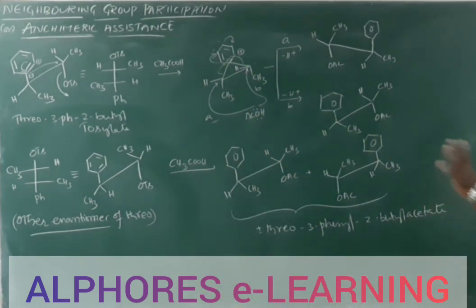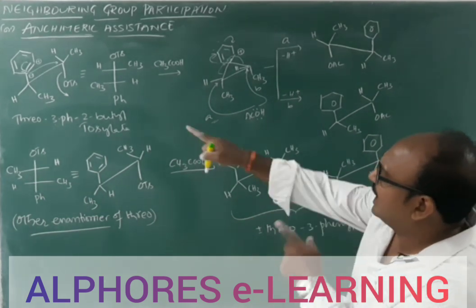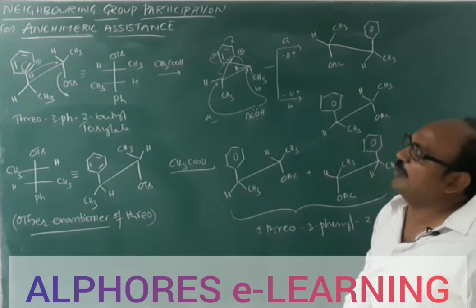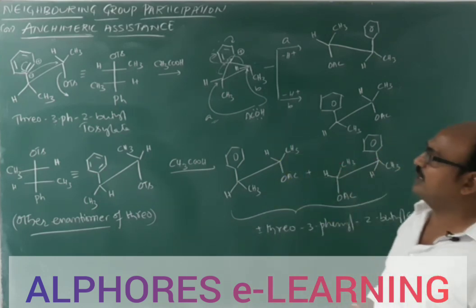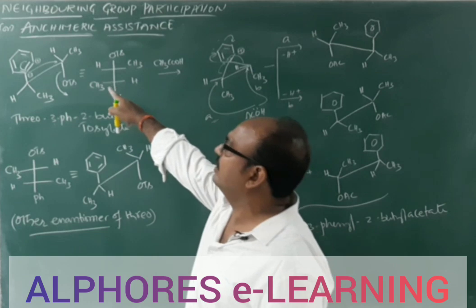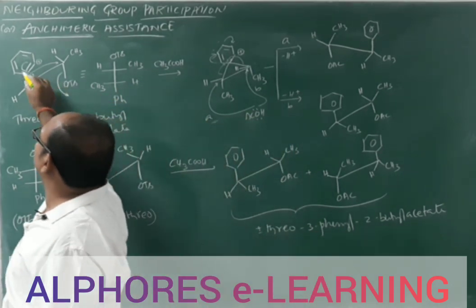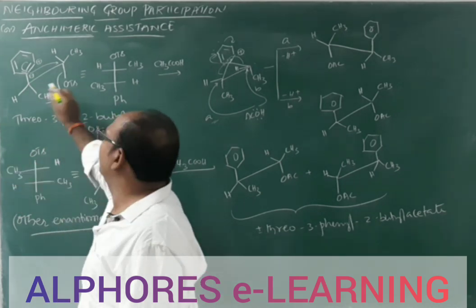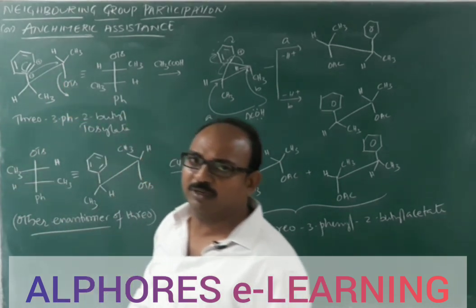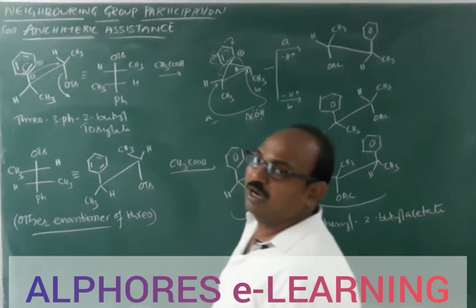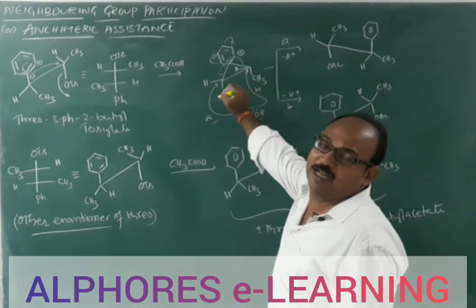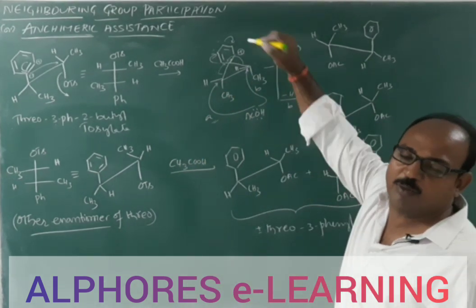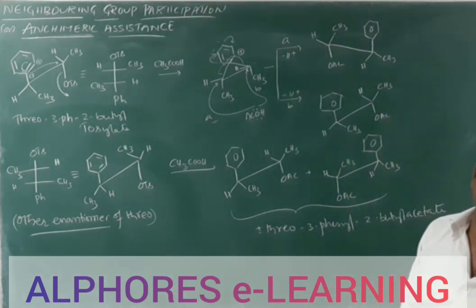That means if we consider one of the enantiomers of 3O, in which case the phenyl group acts as a neighboring group, anchimeric assistance, the pi electrons are shifted towards one of the ring carbons, and that negatively charged carbon attacks upon the leaving group containing carbon, the electrophilic carbon, and the leaving group departs. After the leaving group departs, you are getting an intermediate carbocation, and that carbocation is highly stabilized because of resonance.